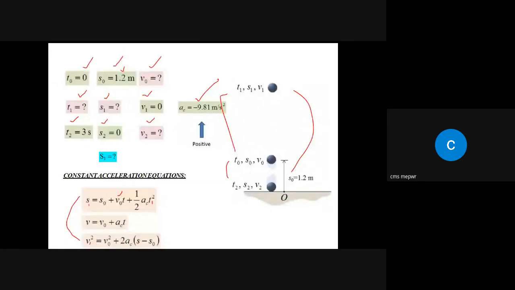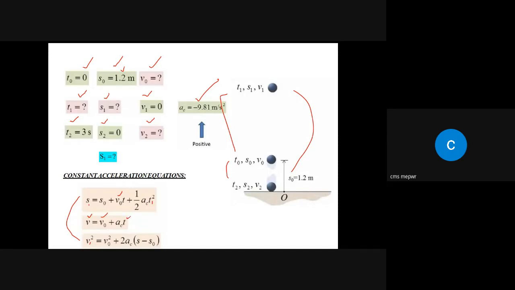And over here, in this equation again, S1 is not given and V naught is also not known, so I cannot use this equation. Let's look at this one. If I use this one, V1 is given, but V naught is not given, and T1 is also not given. So equations 1 and 2 seem a little difficult.